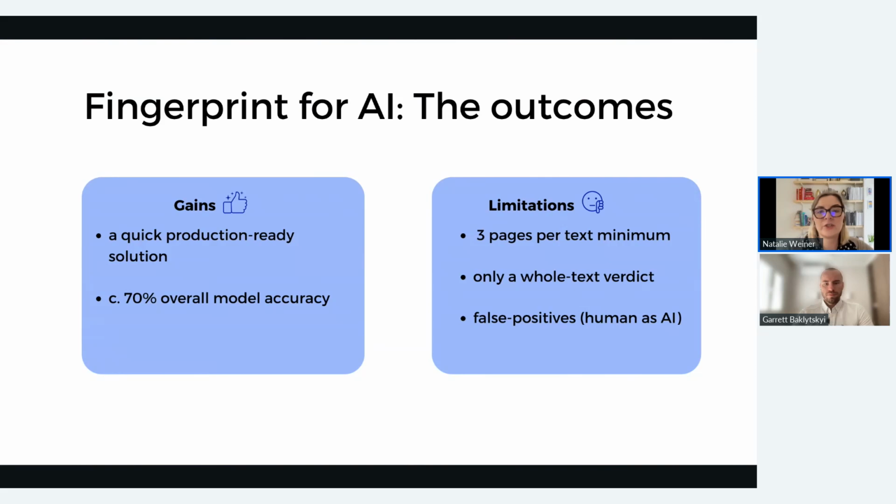We couldn't detect which particular sentences or parts of text were generated by AI. While it would work for whole texts, for all human or all AI texts, it wouldn't work for texts which were partially generated by AI or if a human edited the AI text. So we had to find something different then.